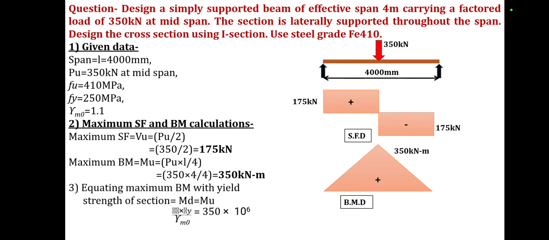The third step is to equate maximum bending moment with the yield strength of the section.